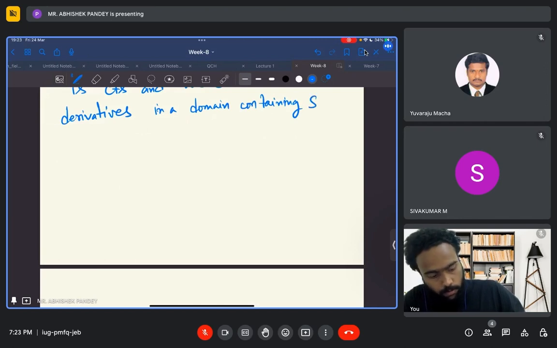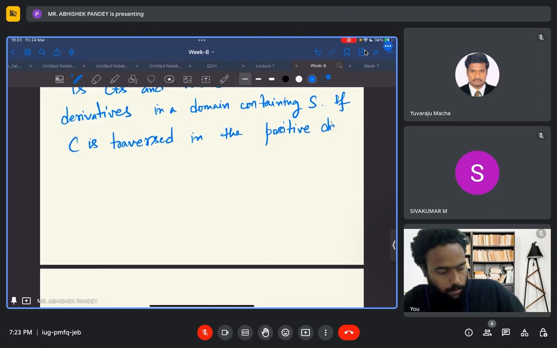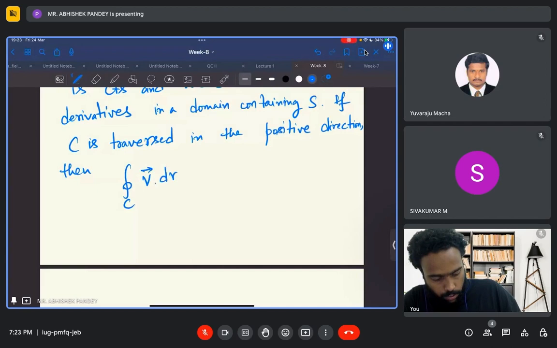If C is traversed in the positive direction, then this integral of v dot dr is equal to the surface integral of curl v dot n cap dA.